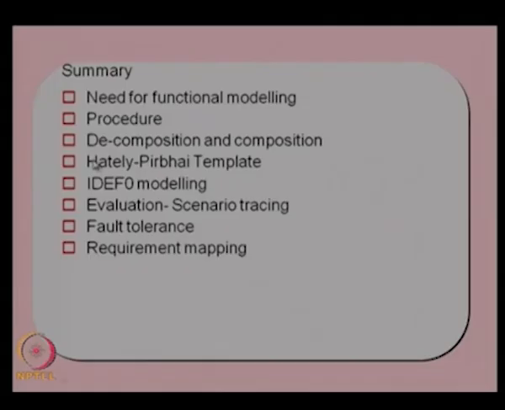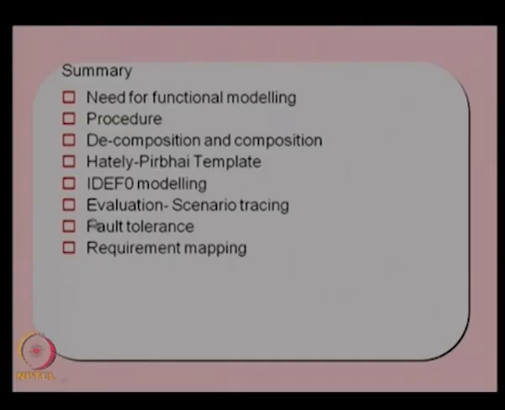And then we saw a few examples and discussed how we use these methods to decompose the functions, and we identified some important additional advantages of using this functional decomposition. One was scenario tracing: to take a particular scenario and identify all the functions needed for it, and then see whether there is anything missing or any overlap or redundancy in the functions.